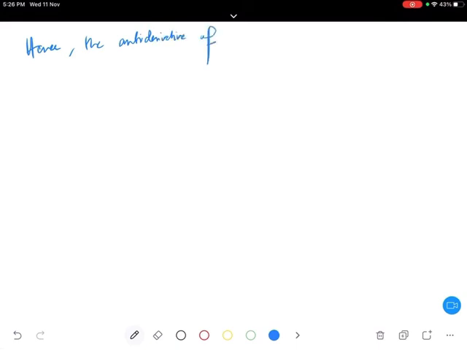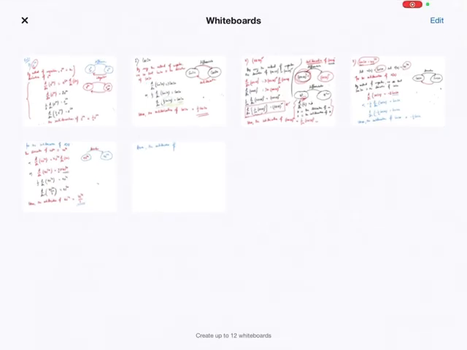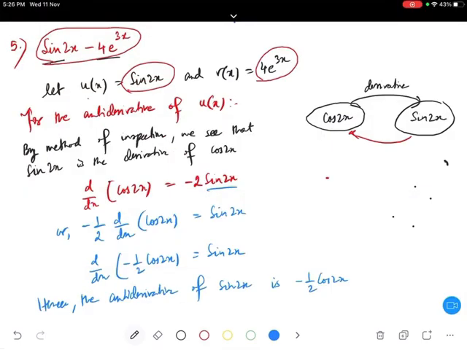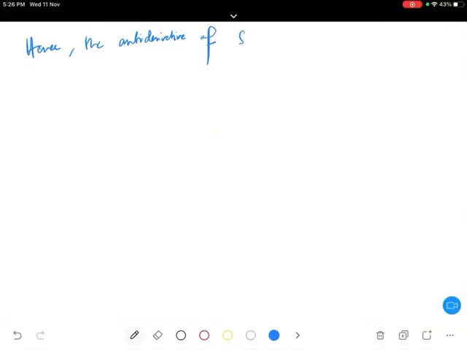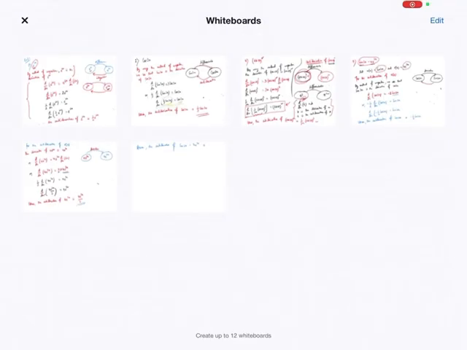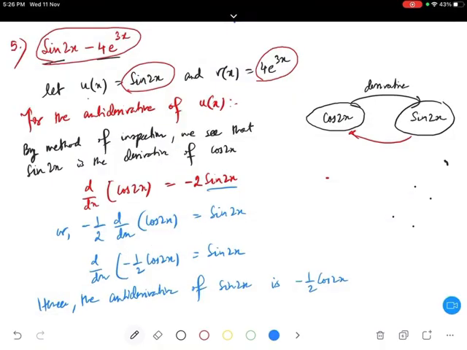So hence at the end I will write, hence the antiderivative of the combined one we have to write. What was that combined? The question, sin 2x minus 4 e to the power 3x. What is that? Now I have to look into the answer. First thing, the antiderivative of sin 2x is what? Minus half cos 2x.